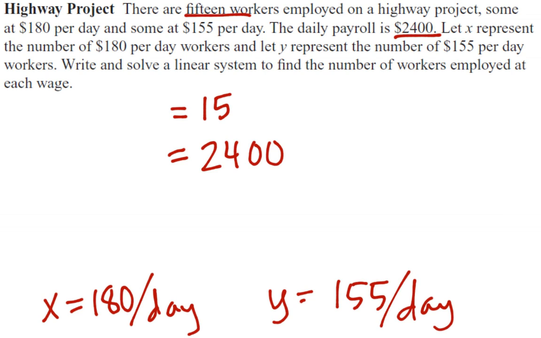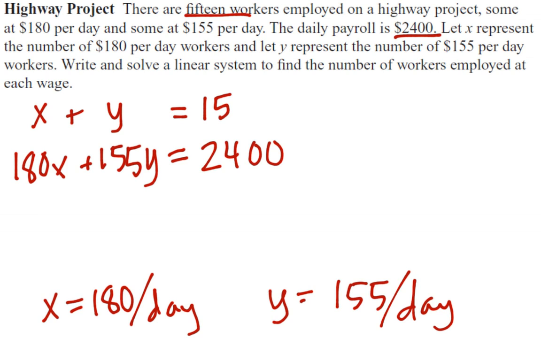Okay, so there my variables are defined. So the number of the expensive ones plus the number of the less expensive workers is equal to 15. And the amount that I'm spending on them, well, that would be 180 times the number of them. So 180 times X plus 155 times Y is equal to this.